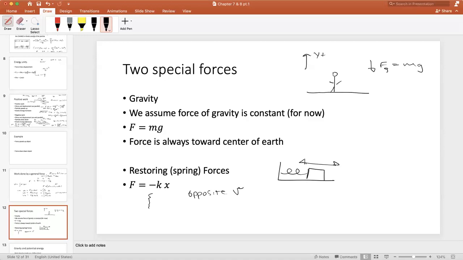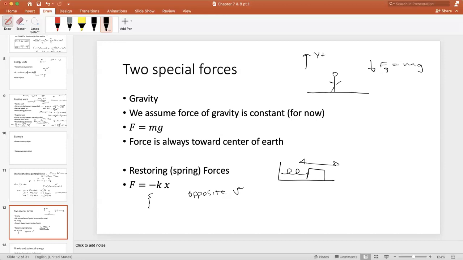They're always opposite the displacement of the spring, actually. Whichever way the displacement is moving, the force is actually moving the opposite way, kind of. You'll see what I mean. It's better to say it's opposite the velocity. That k is something known as a spring constant. It's a constant and depends on the particular force.